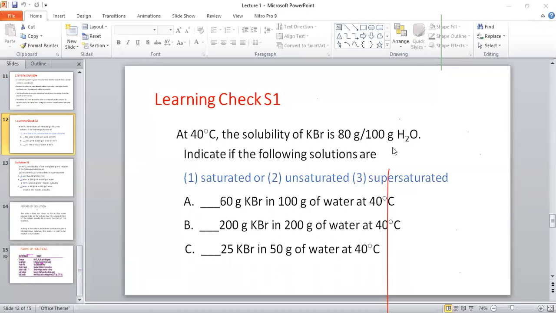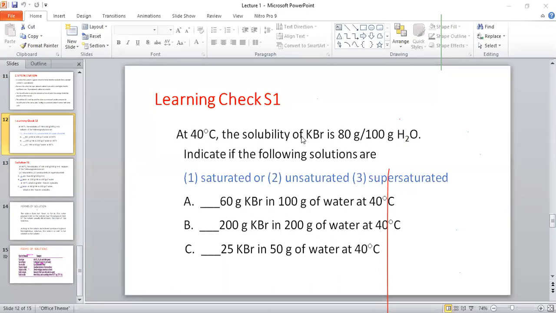So explain on the basis of what I've told you and justify why it's supersaturated. I gave you a definition of solubility, that it is the maximum amount of solute that can dissolve in a specific amount of solvent. When we're using water as solvent, we normally take the specific amount of that solvent, water, as 100 grams.